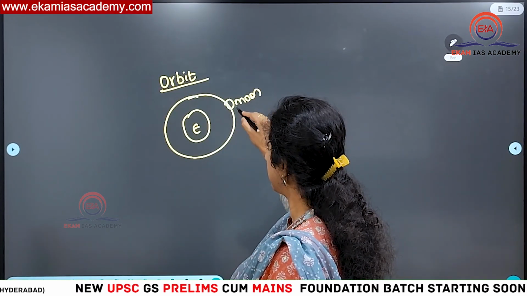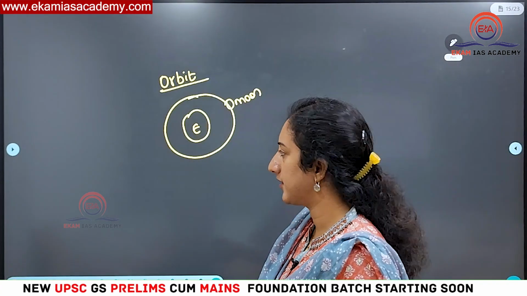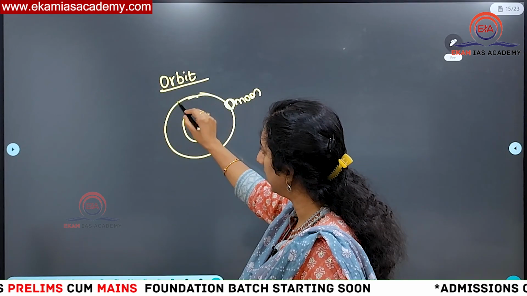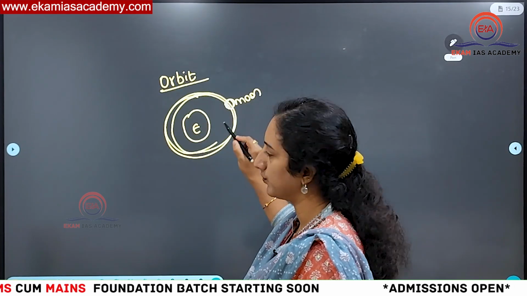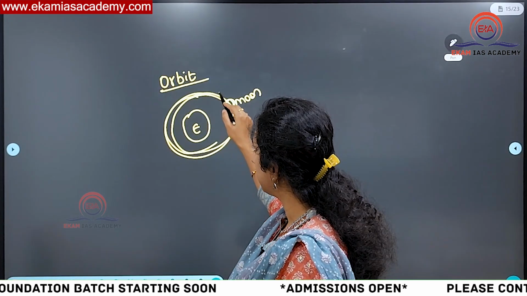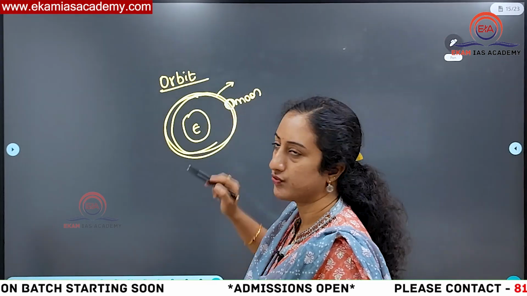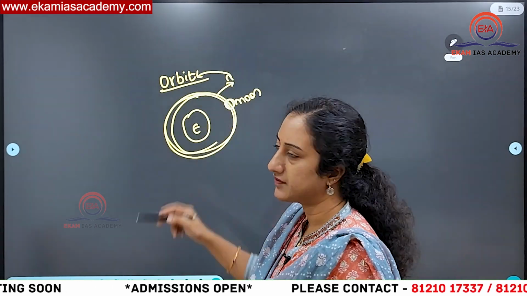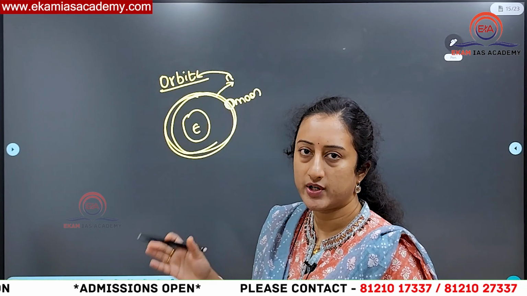It can be a natural satellite or even an artificial satellite, or any object which is revolving around another object in a curved path. So orbit is nothing but a curved path used by one object to revolve around another object.